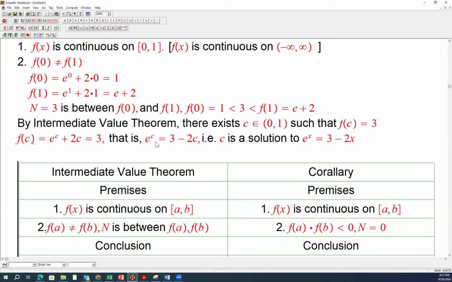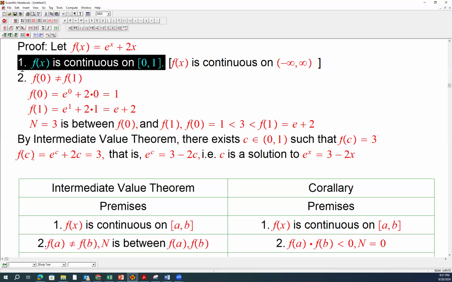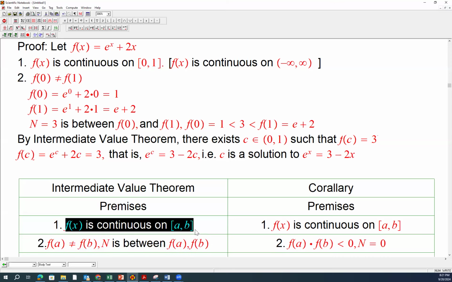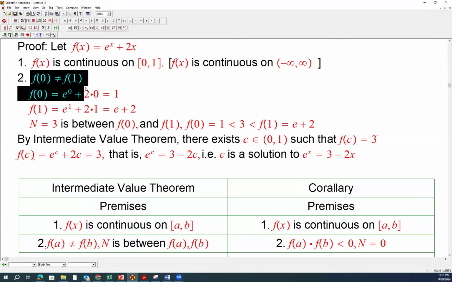Right? In this case, it doesn't make too much difference as long as you have all the points touched, right? So what are the points we need to touch? Number one, you need to visibly show the reader you have guaranteed the function is continuous on the closed interval, as is required by the theorem. Secondly, you demonstrate the number capital N you have chosen is between f of a and f of b.